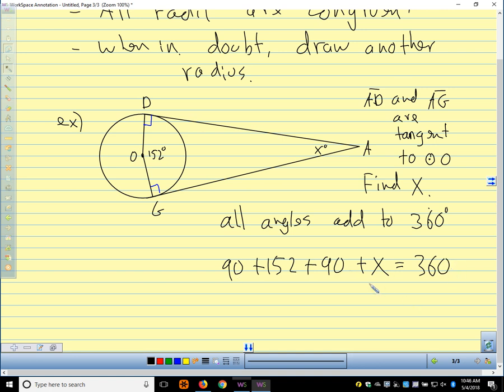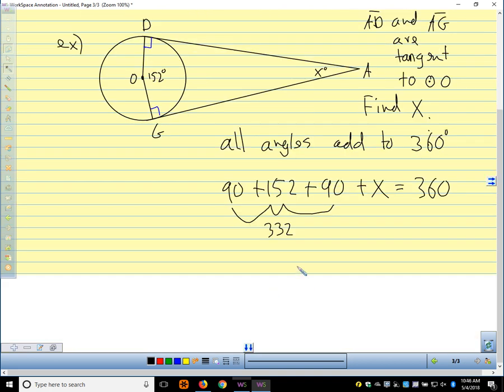So I add the angles up and subtract from 360. When I add these together, this comes out to 332. So x equals 360 minus 332, which equals 28 degrees.